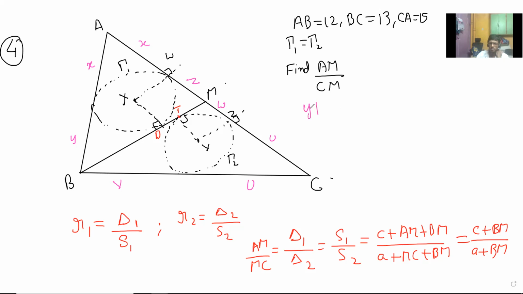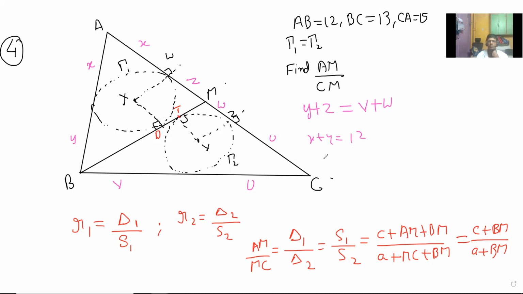That is true, because both are equal to BM. But the BM is not given. That is the problem. So let's just write a little bit.